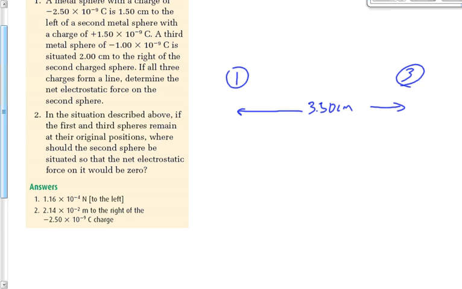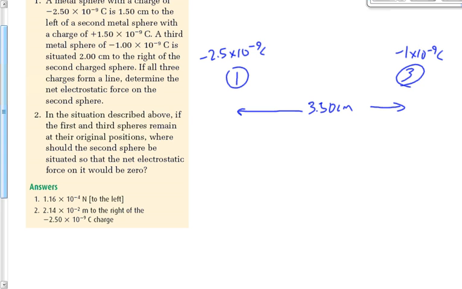Charge 1 still has a charge of negative 2.5 times 10 to the minus 9, and charge 3 still has a charge of negative 1.0 times 10 to the minus 9 coulombs. Charge 2 is somewhere in the middle, although not necessarily exactly in the middle. We want to know where charge 2 has to be in order to experience a net force of 0. In other words, in order for the force of 1 on 2 to balance the force of 3 on 2.